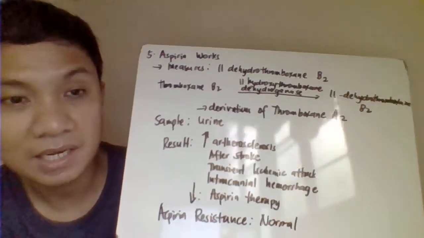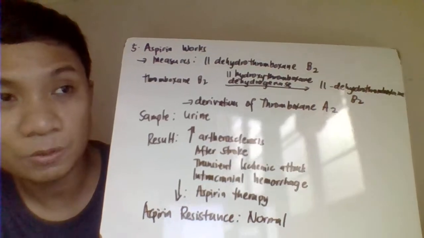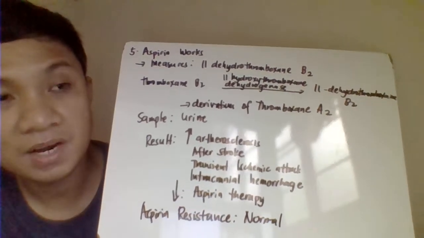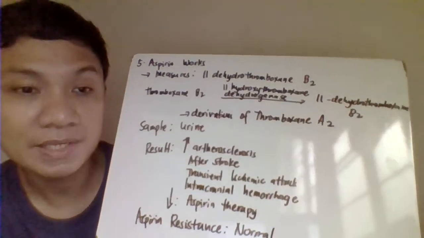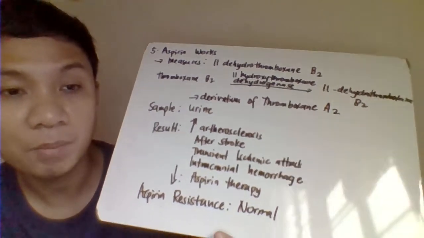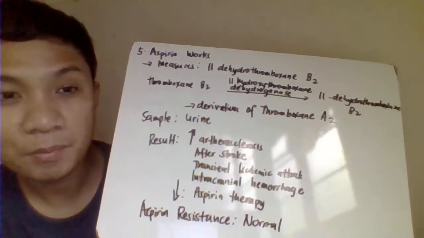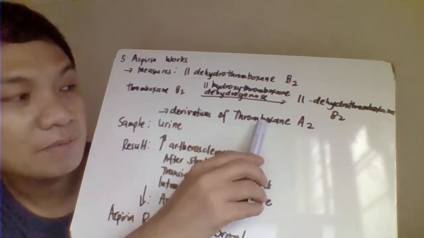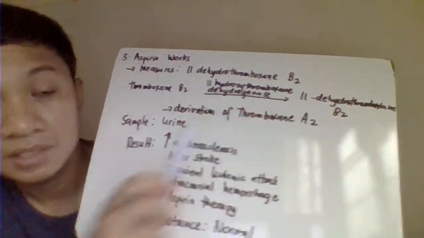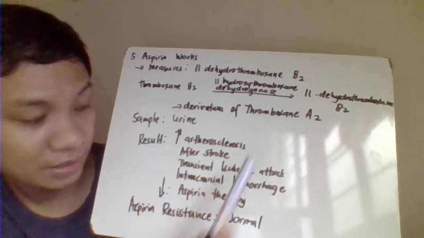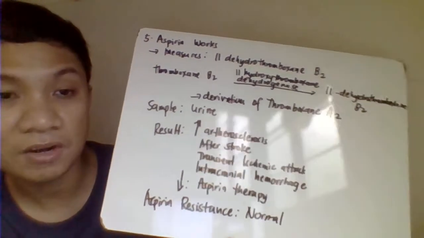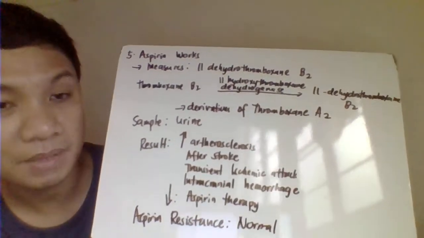Remember, what does aspirin do? It tries to prevent the conversion of arachidonic acid to prostaglandin, and therefore you will not produce thromboxane A2. And if you do not produce thromboxane A2, which this is just a derivative of, you will not produce this as well. That is if the patient is on aspirin therapy.